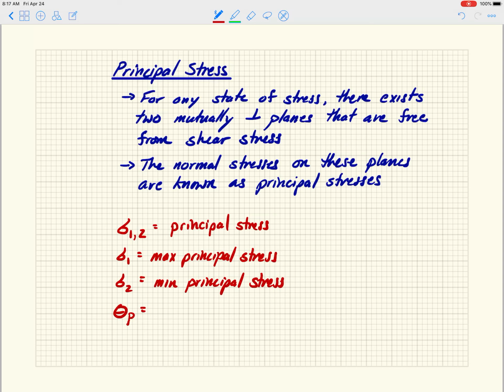And then theta p is the angle between the xy coordinate system and the principal coordinates.